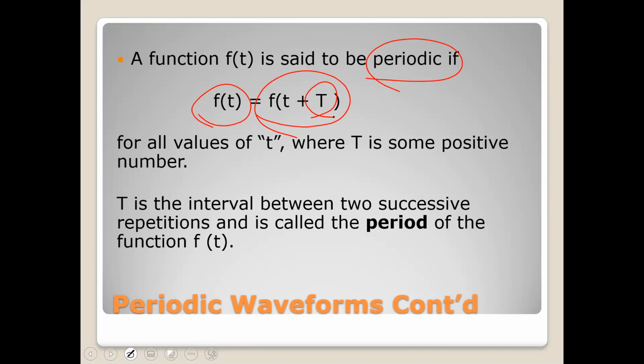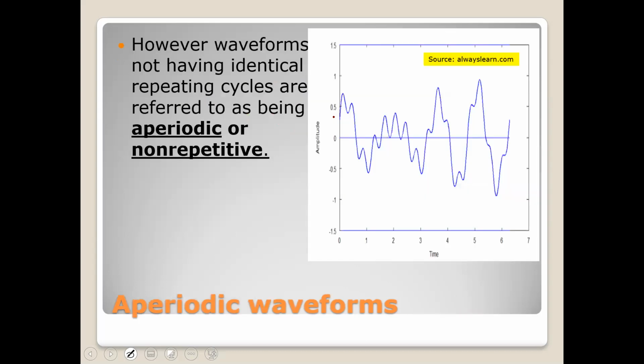We want to complete a little activity. But before we do that, what happens if the waves are not repeated? In those circumstances, we say that the waveform is aperiodic or non-repetitive. In this instance, we start at the zero axis and, let's say, it cuts off here.